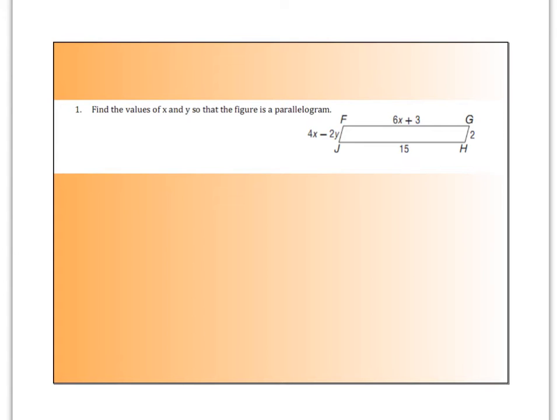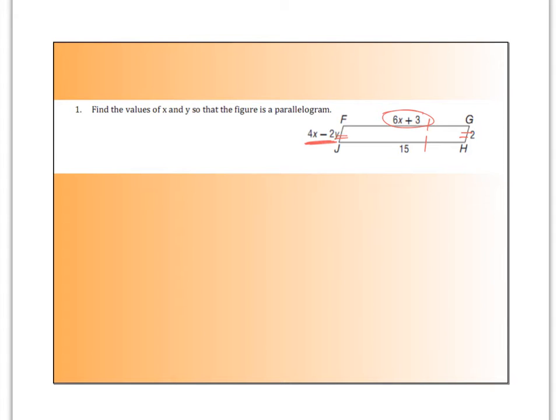All right, let's use that knowledge now, and let's try to find the values of x and y, knowing that this figure on the right, we want it to be a parallelogram. Well, if we want it to be a parallelogram, we want opposite sides to be congruent. So one of the things we can do is solve for x and y. I noticed that this side over here has an x and a y, but this side up here, side FG, only has an x.